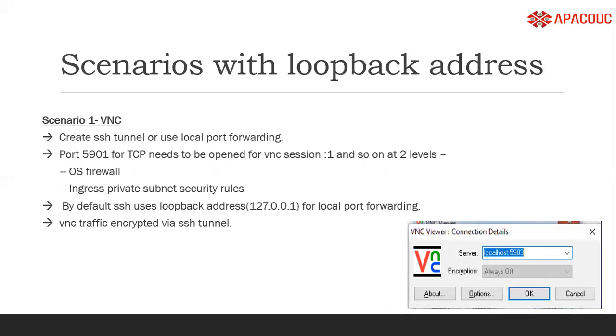The next step is to have the VNC server running on the DB host, and we need to make sure the ports are open at the OS firewall level, followed by the ingress private subnet security rules. Once this is done, we can use the loopback address for local port forwarding, and the complete VNC session will be encrypted using the SSH tunnel.